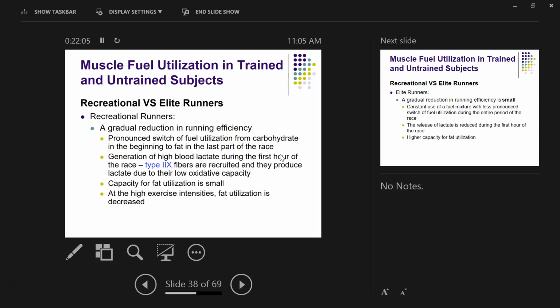So they have a big switch: in the beginning the recreational runner will use carbohydrate, and in the later stage they will have a big switch to utilize more fatty acids. And they also generate high levels of lactate during the first hours of the race, right? And the type 2X fiber, you guys know, right?